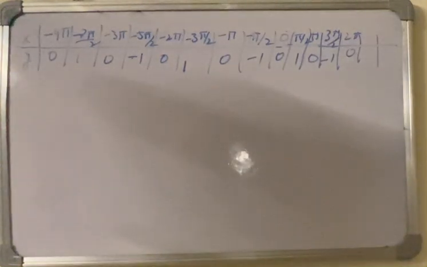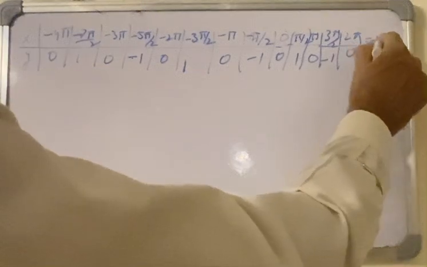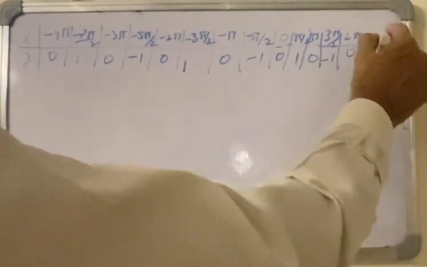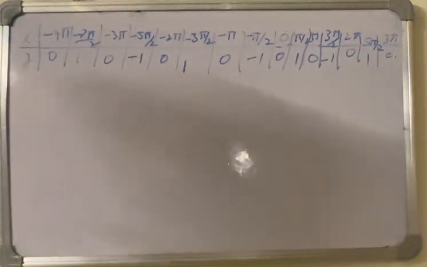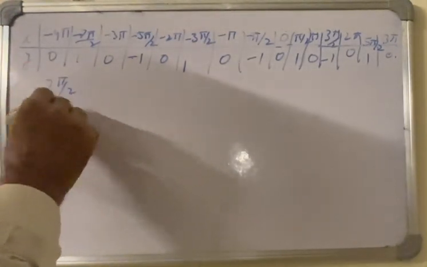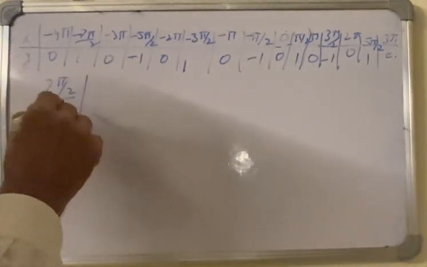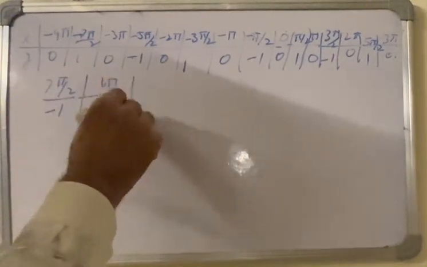Similarly, 5 pi by 2 is 1 and 3 pi is 0. Similarly, the value of 7 pi by 2 is minus 1 and 4 pi is 0.